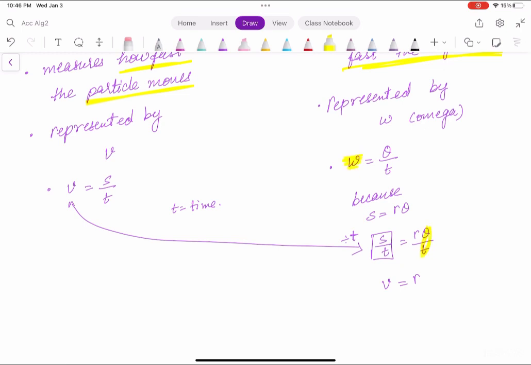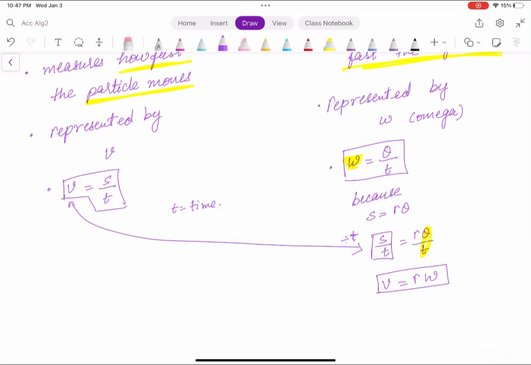It's quite amazing, right? With one thing, we can derive another. So these are a few things that you need to keep in mind with regards to linear speed and angular speed.